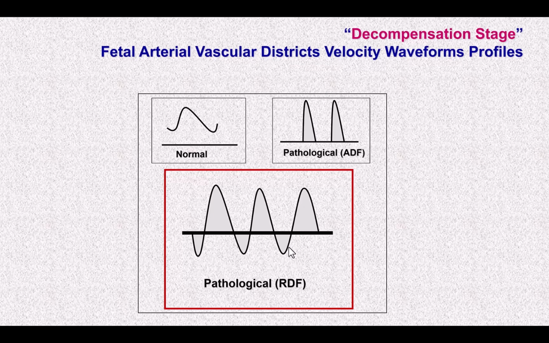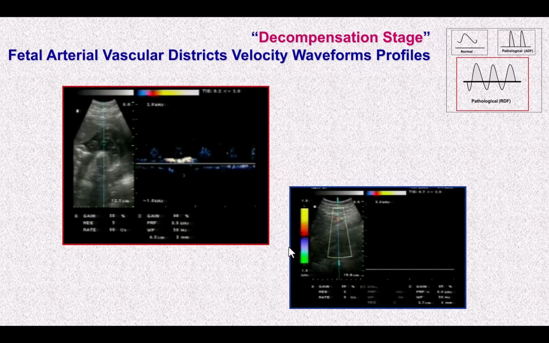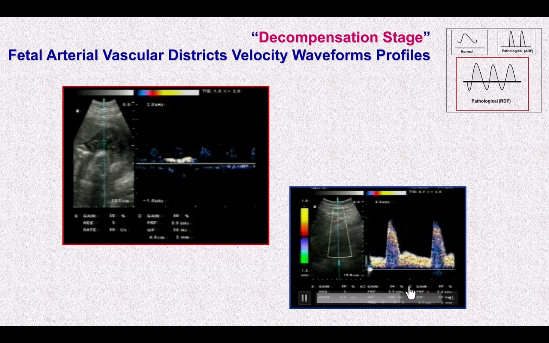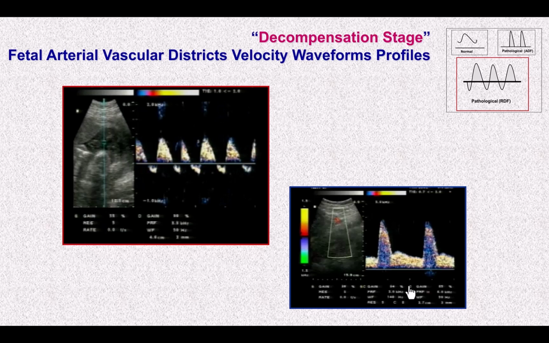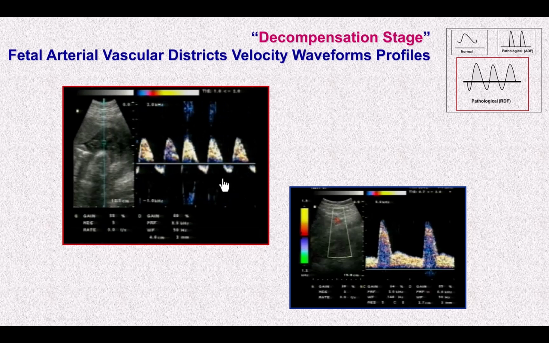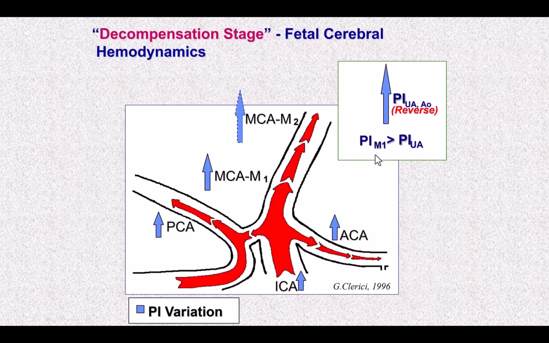It's a classical sign of fetal compromise or fetal incipient heart failure. You can see altered perfusion in the placenta, and reverse flow during diastole in the arterial district and in the umbilical arteries. If we study the cerebral hemodynamics in this decompensation stage, we see a reduction in the perfusion, characterized by a reduction in the forward flow and particularly a reduction in the diastolic flow.